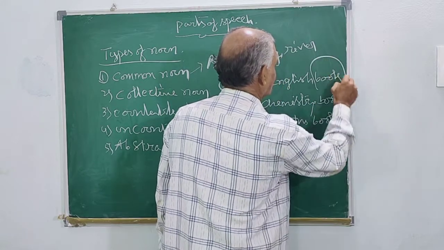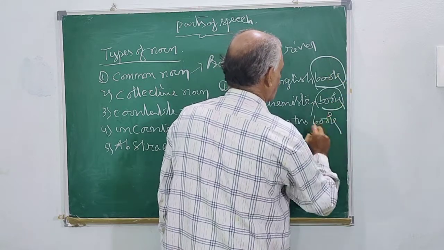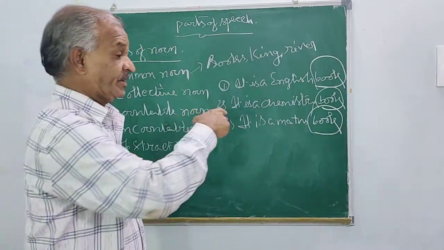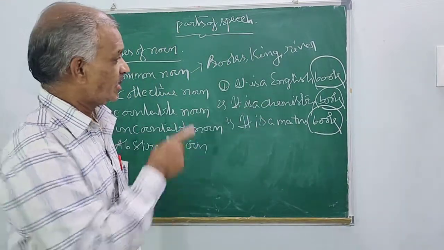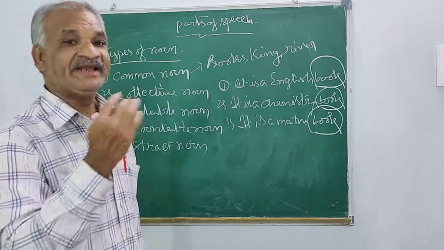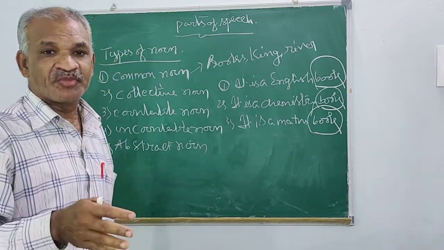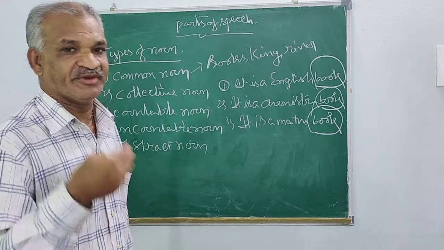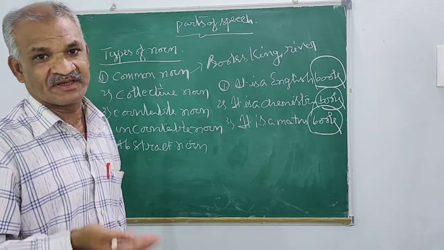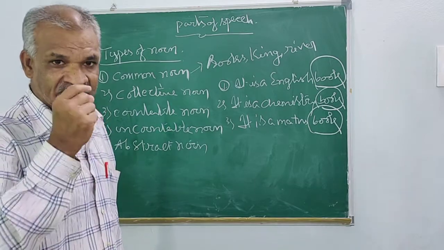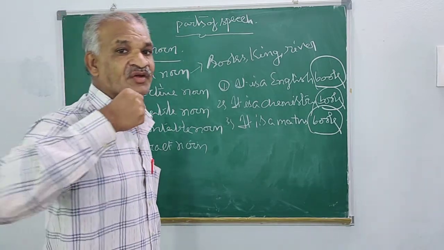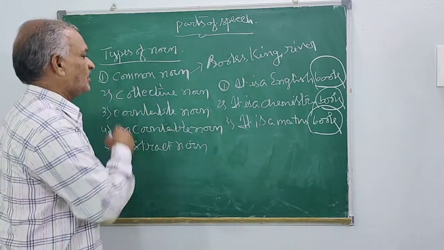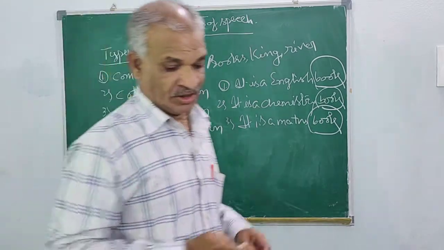You see, in three sentences, book is common. So book is a common noun. It may be a chemistry book, physics, whatever the subject may be. So that is the word which is given in a common way. Because of that reason, it is called a common noun.